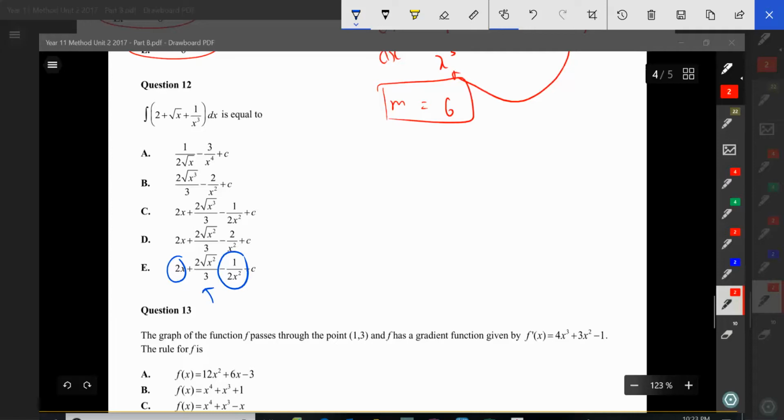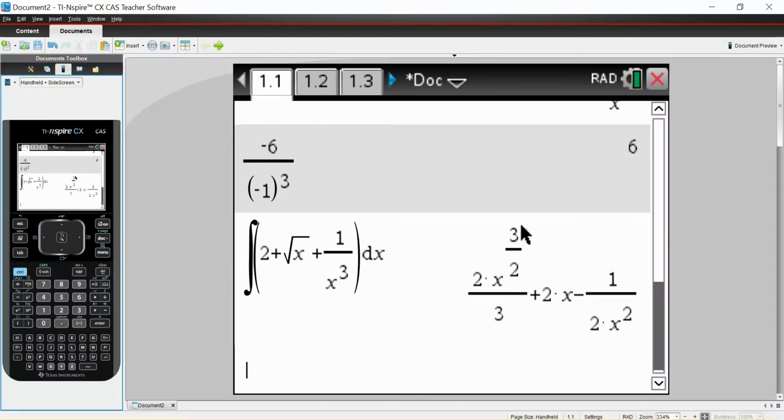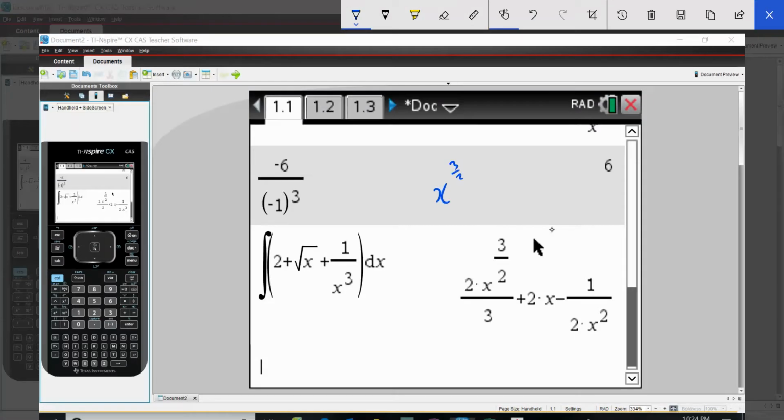It's this one that looks slightly different, but let's think about it. It's x to the power of 3 on 2. Now, x to the power of 3 on 2 is the same thing as writing x to the power of half, cubed. True, I'm just using index laws. And x to the power of half is the same thing as saying root x, cubed. Okay?